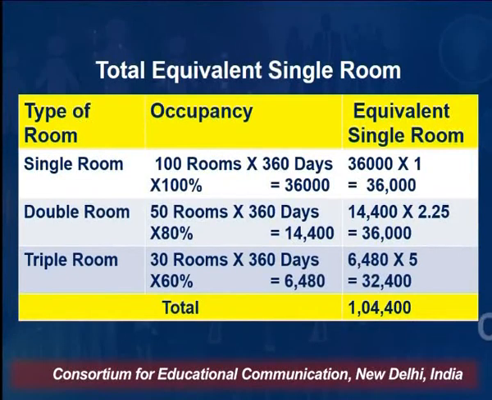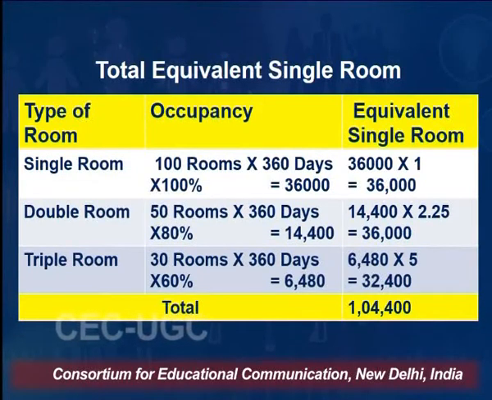So let us first calculate the occupancy. I am starting from the single room. We have 100 rooms and we are working for 360 days as reported in the question. So 100 into 360 days into 100% comes to 36,000. This 36,000 is the occupancy.